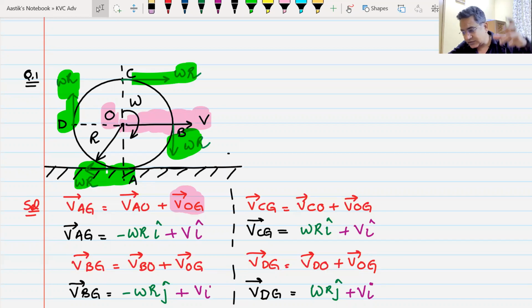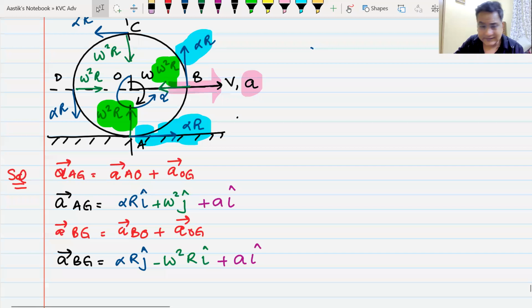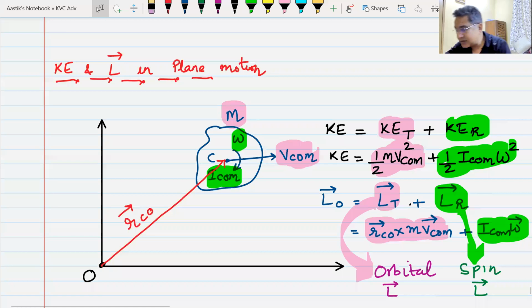It may be in rotation as well as translation, how we can find out the velocity, how we can find out the accelerations, centripetal, tangential, and then we also saw how we can find out the kinetic energy and angular momentum of the body.